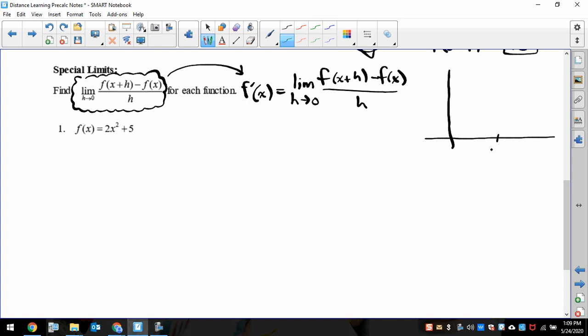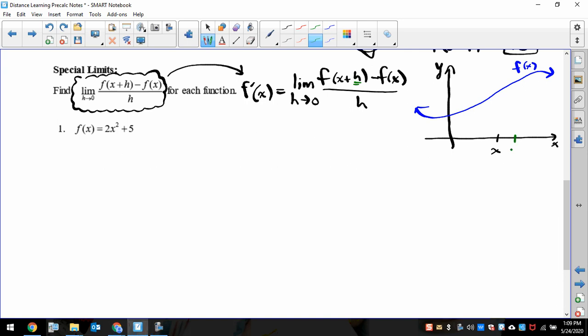So here is a point x on the x-axis, and here's the y-axis, and let's draw a nice function f. Here's our function f. And think of h, I'll draw it in green, as just a little bit. So h here is just a small number.